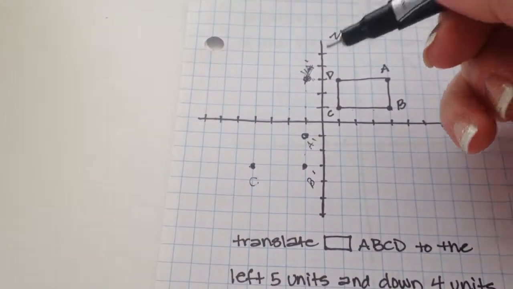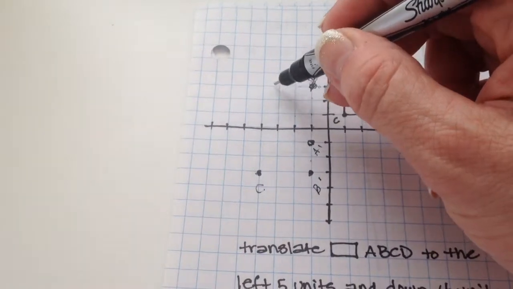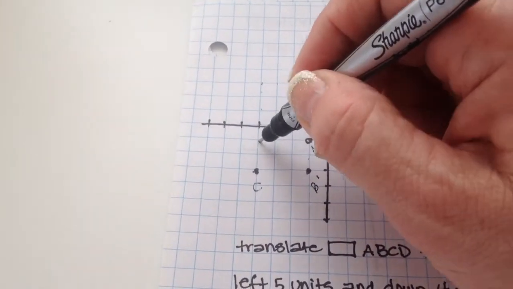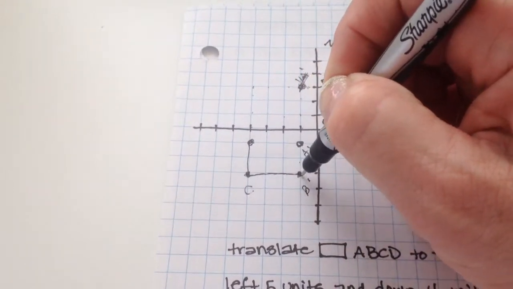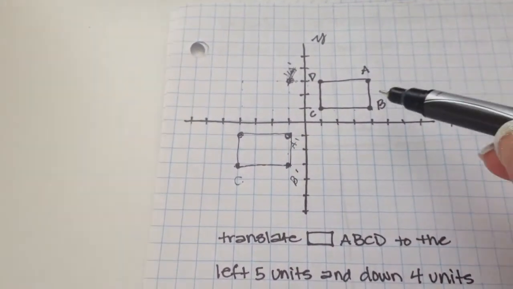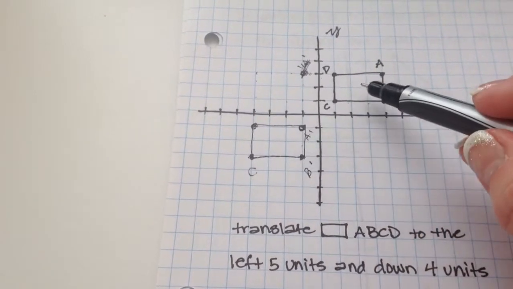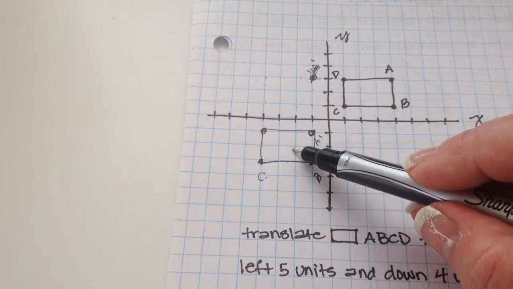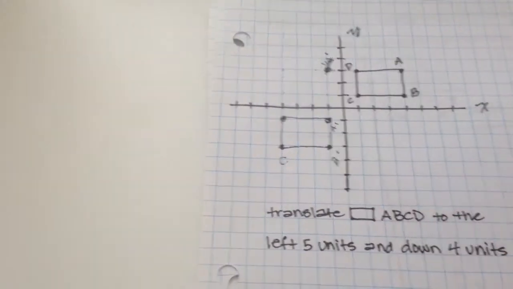And of course we know where D is going to be now, but we're still going to do it. 1, 2, 3, 4, 5, down 4. 1, 2, 3, 4. Ta-da! So now I have translated, or slid, this rectangle down to here. Same shape, same size, it just moved over to this area of our coordinate plane.